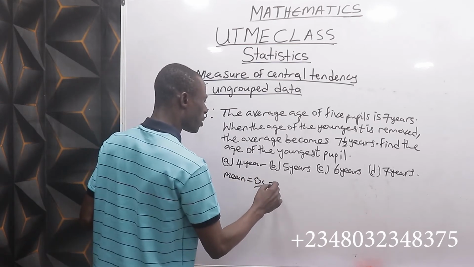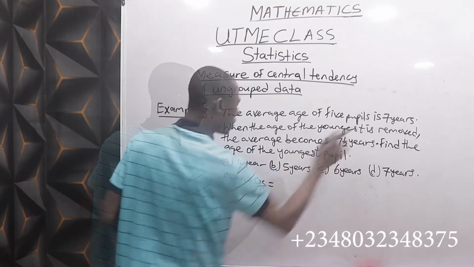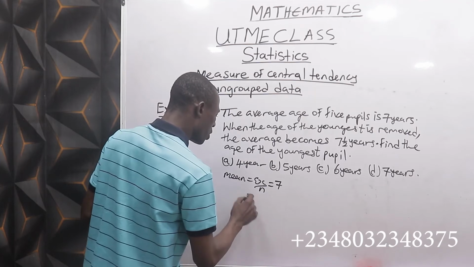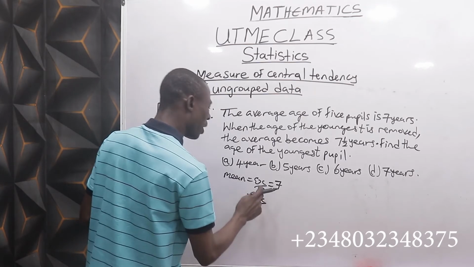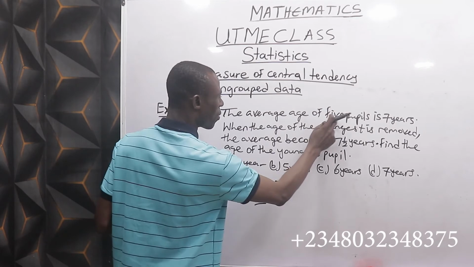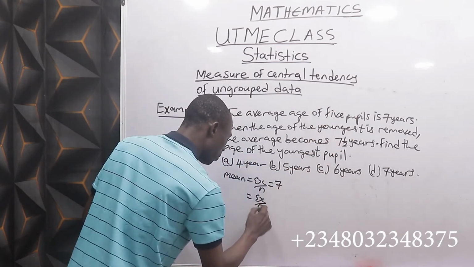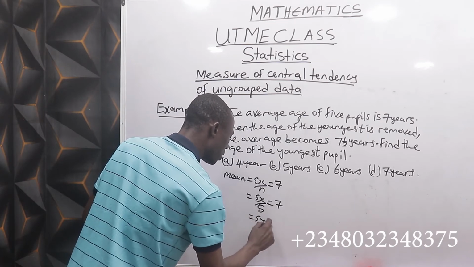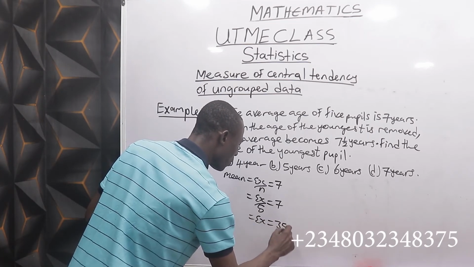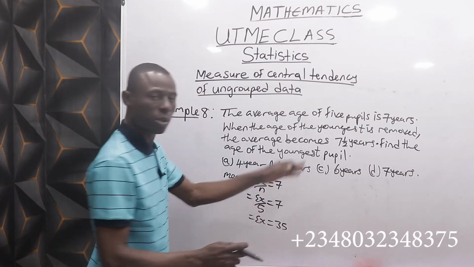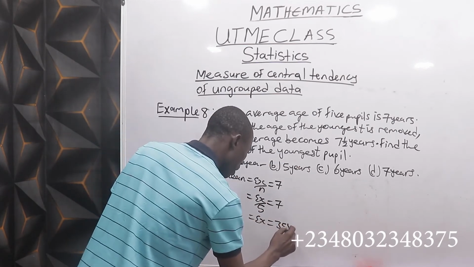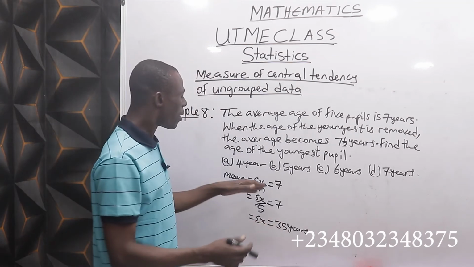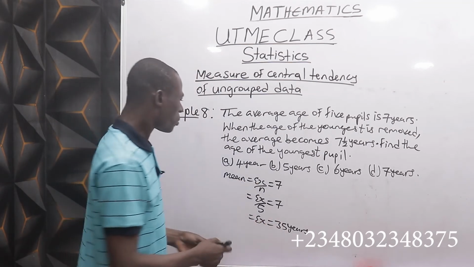In this case, it is 7 years, given already. Summation x over n, where n is 5 pupils, equals 7. Therefore, summation x equals 35. 5 times 7, you cross multiply, 35 years. That is the sum of the ages of the 5 pupils.